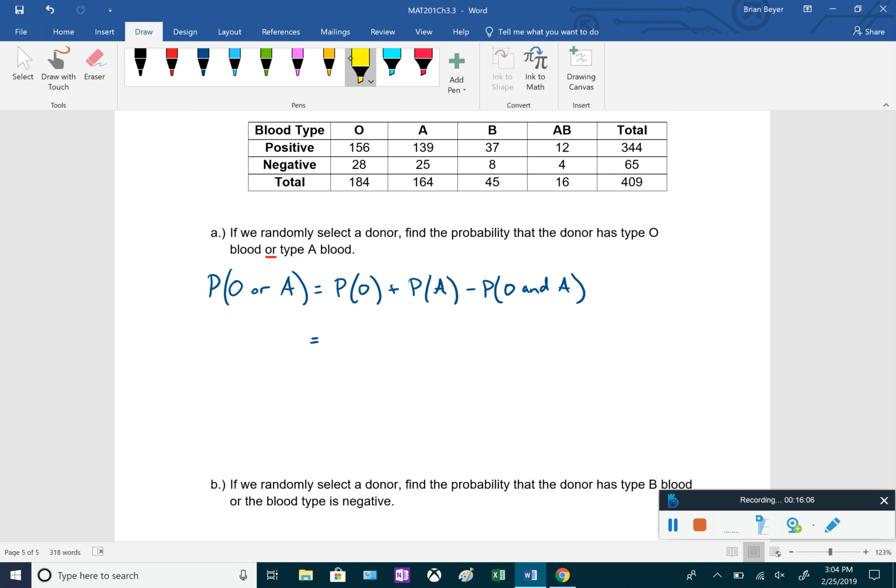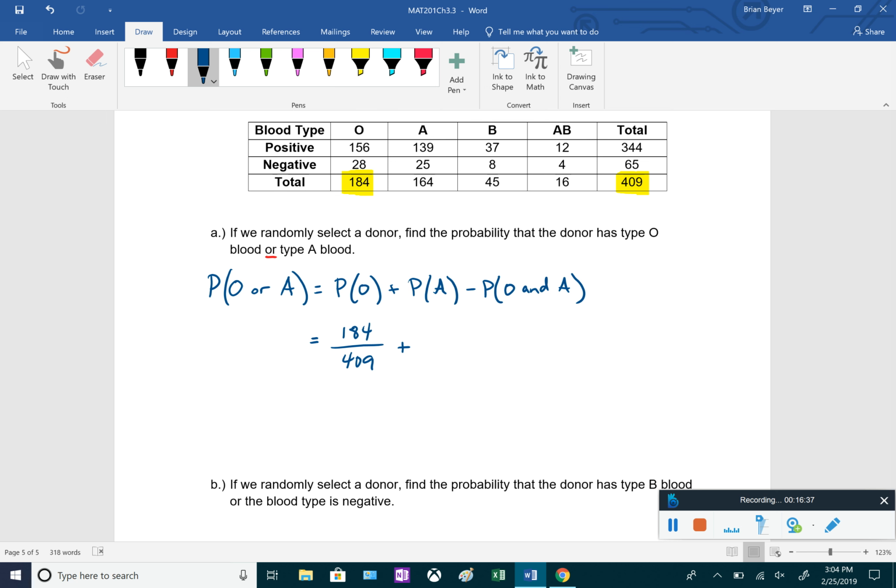Here's the total for type O. It's 184. So it's 184 divided by 409, because that is the total amount of donors. So the probability that we randomly select a person with type O blood is 184 divided by 409.